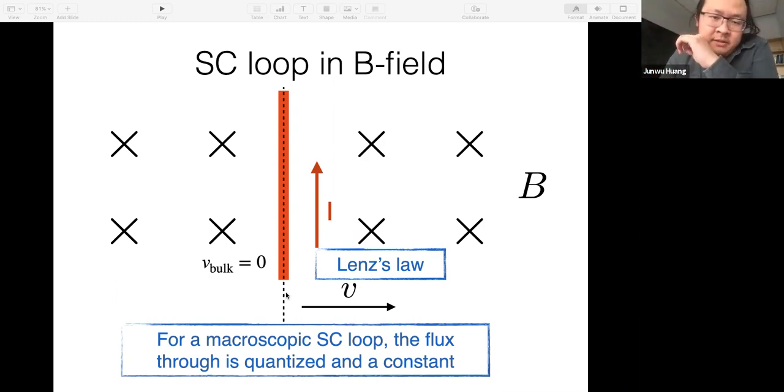Here I make this wire a little bit thicker so that there is something we can call bulk, which are regions inside the superconductor very far from the surface, at a distance bigger than the penetration depth of the photon. So with a bulky superconductor, the flux inside the superconducting ring is always quantized, and it always remains constant.